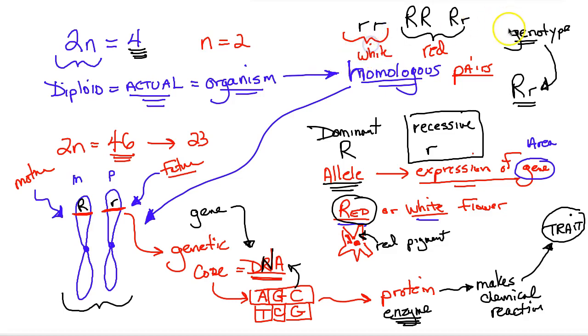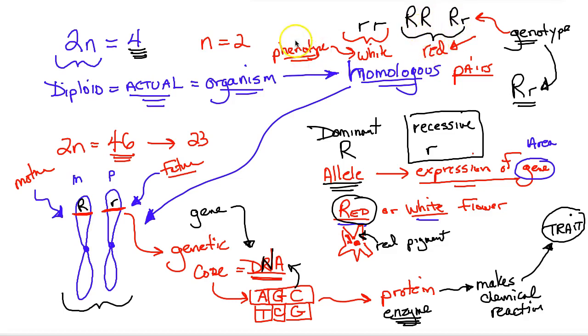Now, genotype is the type of genes, which works back to the type of gene on a maternal or paternal chromosome. The phenotype, a lot of words here, is the type of expression or allele you see. We have a white phenotype or a red, and we can have multiple genotypes for the same phenotype.